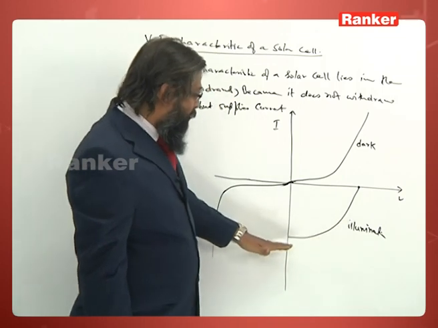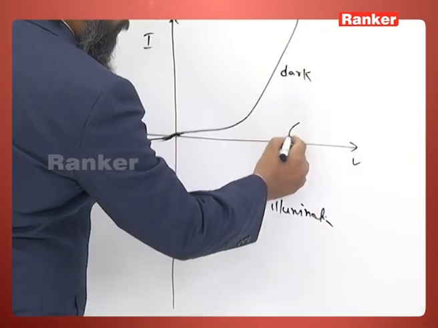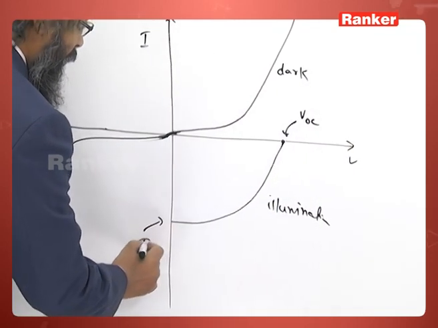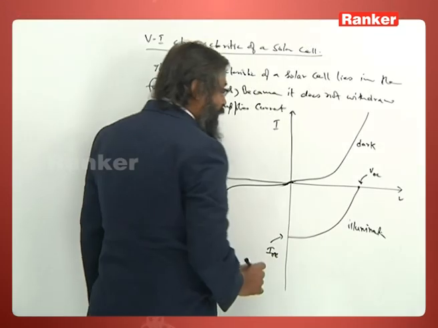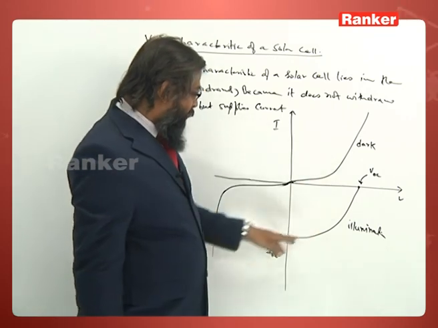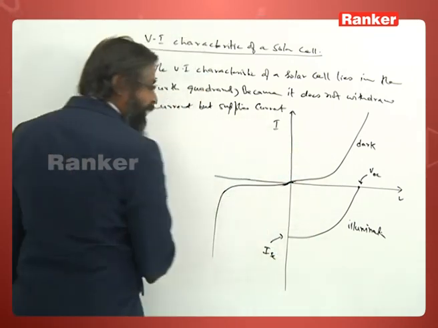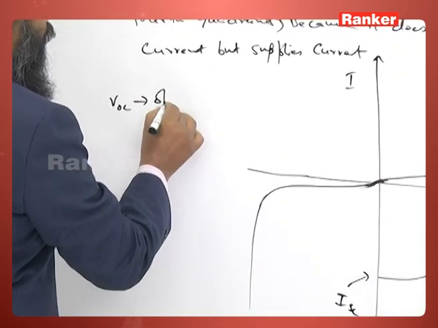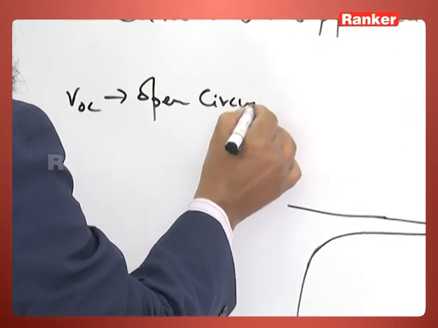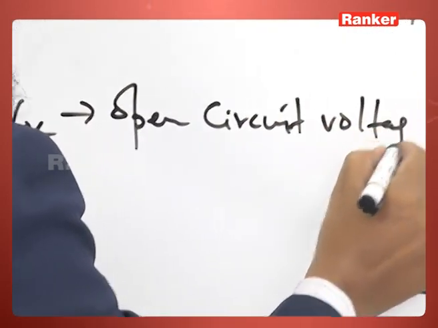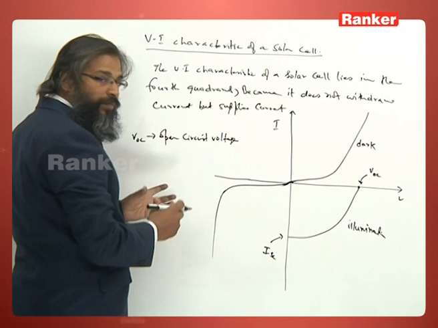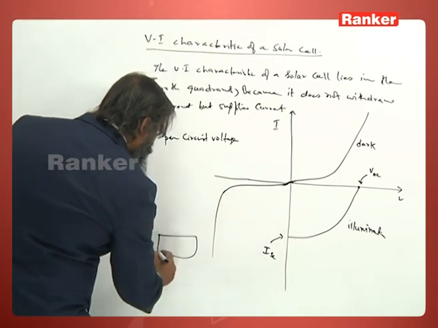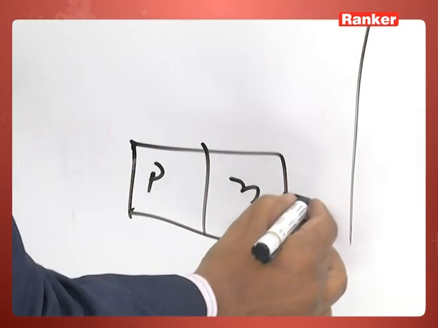This is VOC and this is ISC. VOC is the open circuit voltage, that means the EMF generated when the solar cell is open.